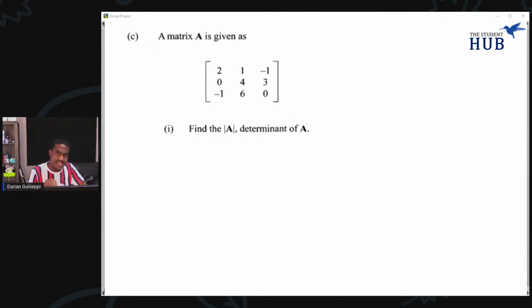With regards to the determinant of a 3x3 matrix, what is of main concern to us is the first row of elements. What we need to do is find the cofactor for each one of these elements, take the element and multiply it by its cofactor and find the sum of all those. And that would give you the determinant.